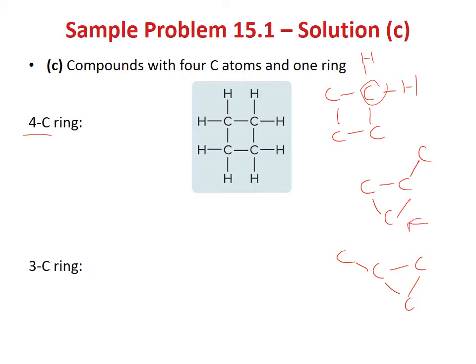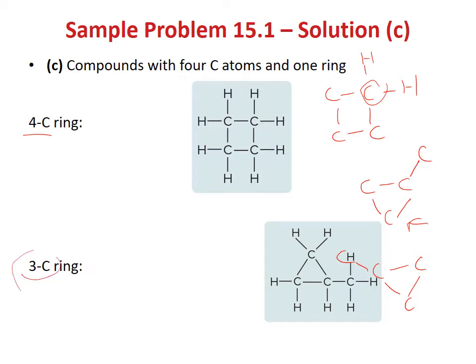Or you can add here, you also get the same. So there's only 1 arrangement. And then you add hydrogens to it. Because the 3 carbon ring is the smallest, that's all we have for compounds with 4 carbon atoms and 1 ring.